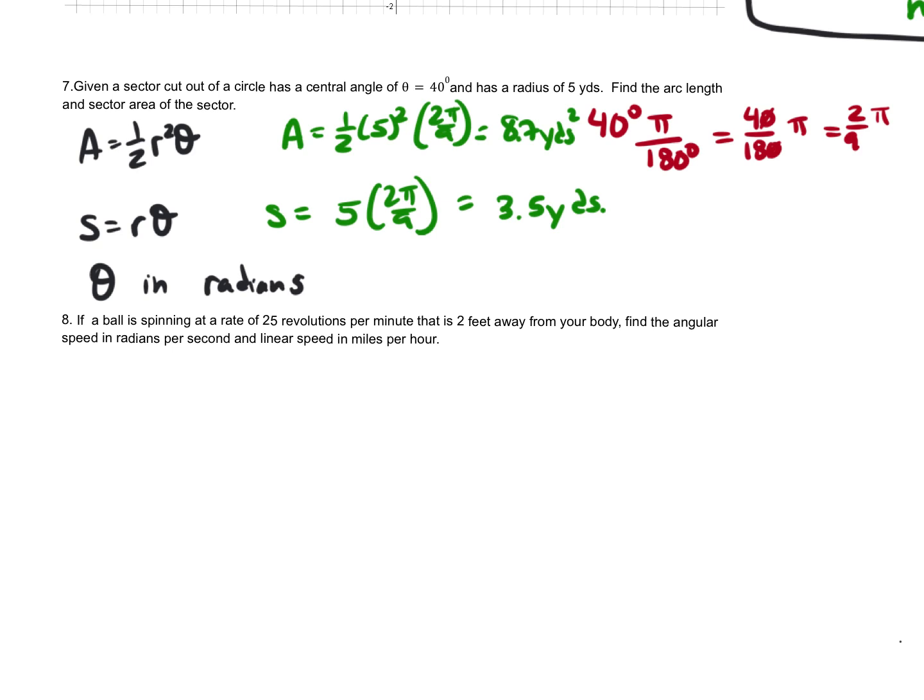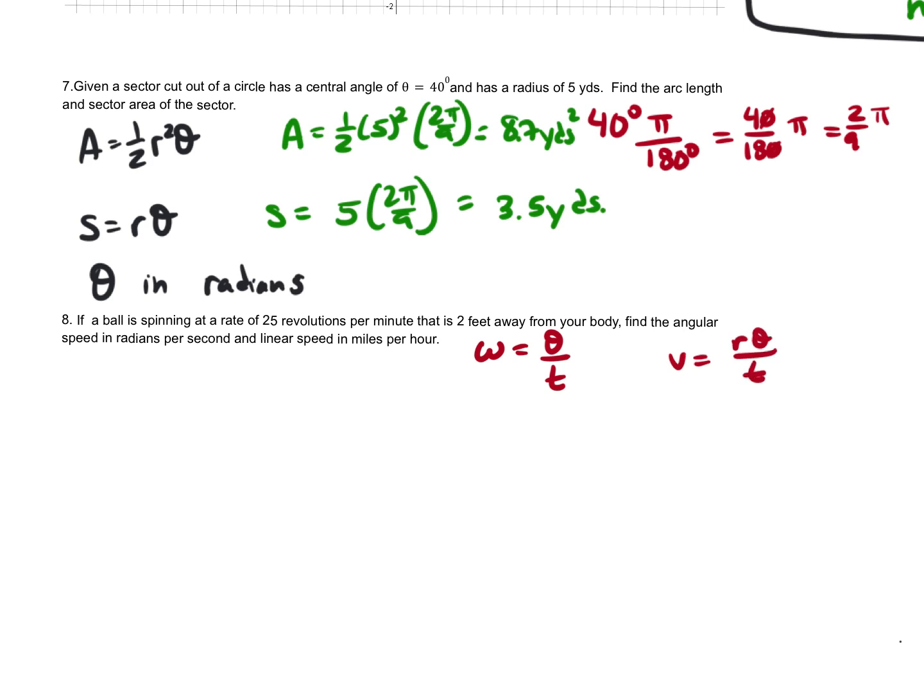Okay, let's look at number 8. If a ball is spinning at a rate of 25 revolutions per minute, 2 feet away from your body, find the angular speed in radians per second and the linear speed in miles per hour. So this is the problems where we had angular speed, theta over t, and linear speed, r theta over t.